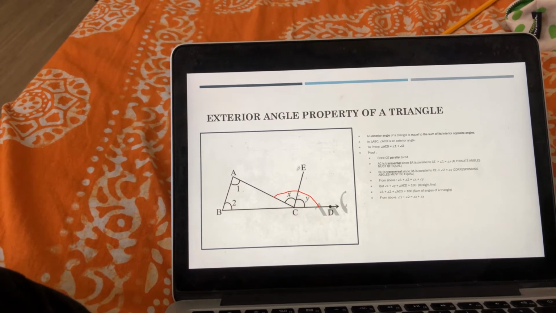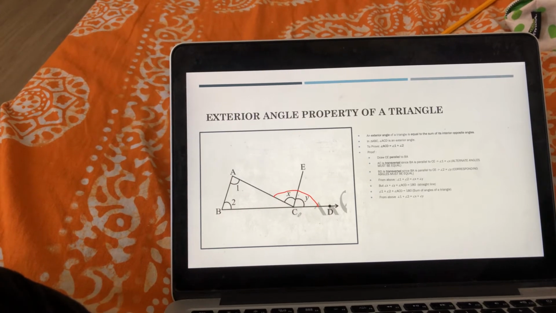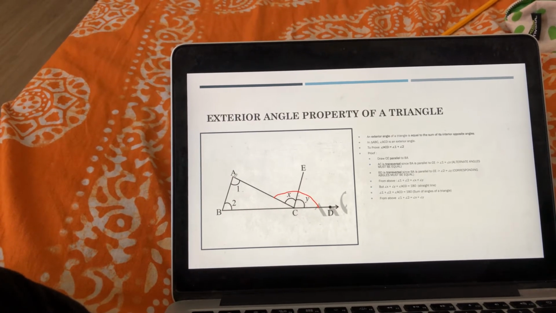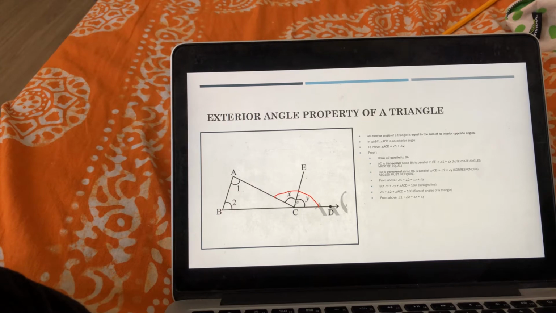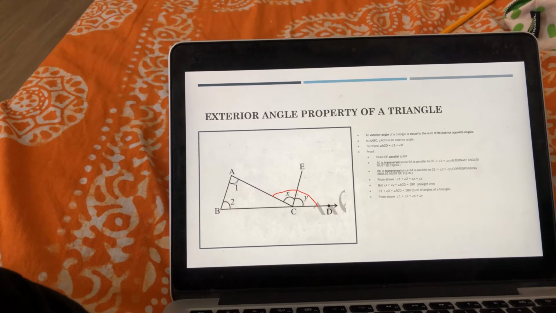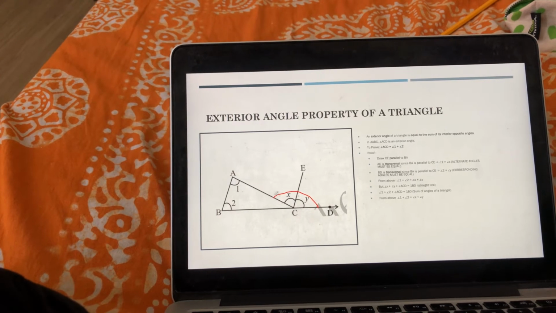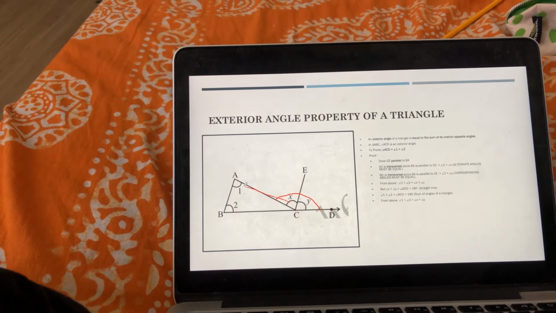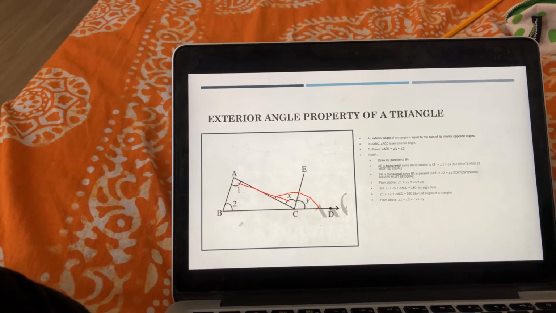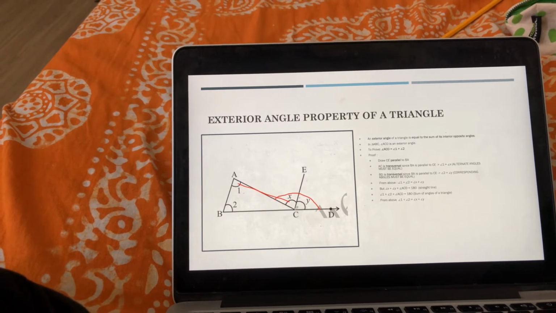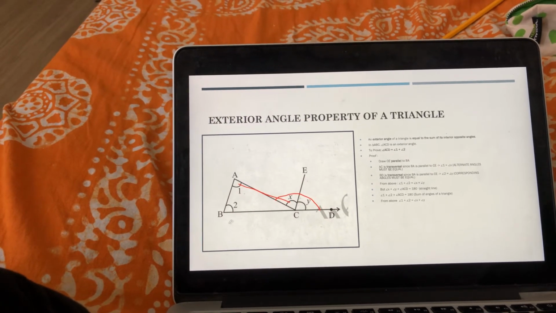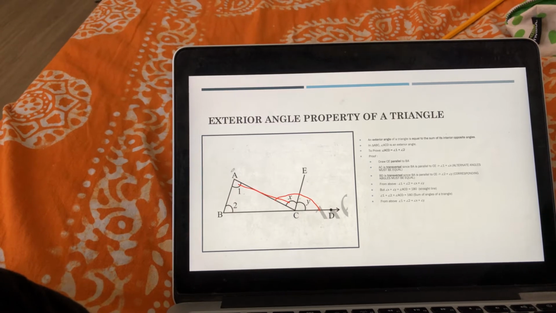Now we will include a line CE parallel to AB. So we get AC as a transversal, and angle 1 and angle X must be equal because they are alternate interior angles. And BC is also a transversal, with CE and BA parallel to each other.